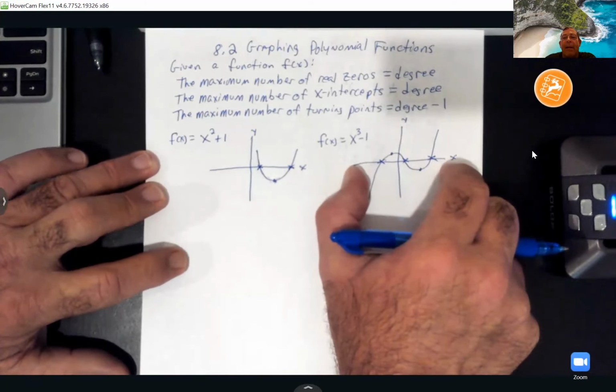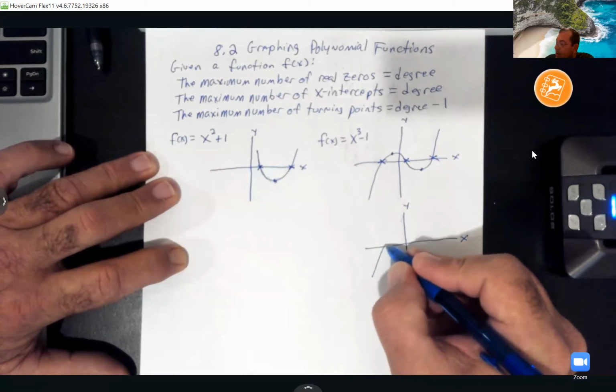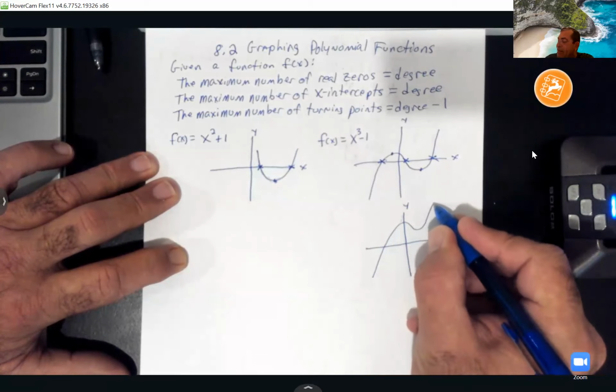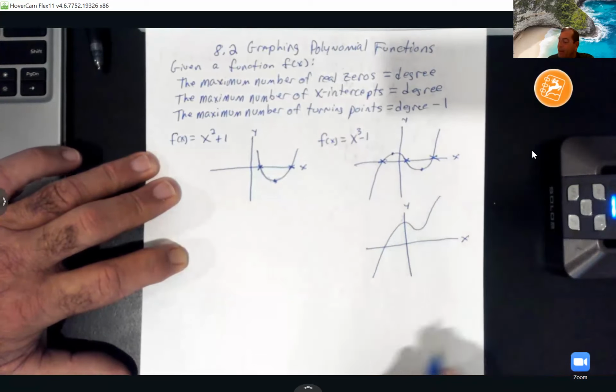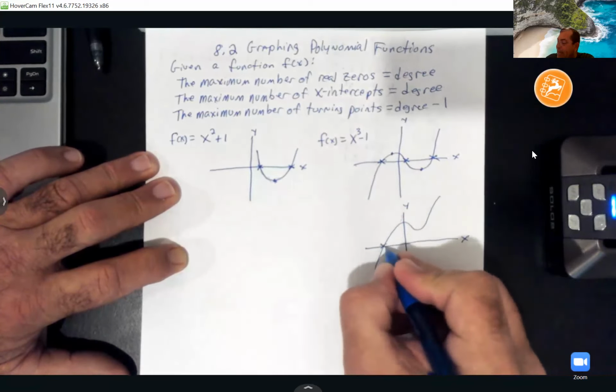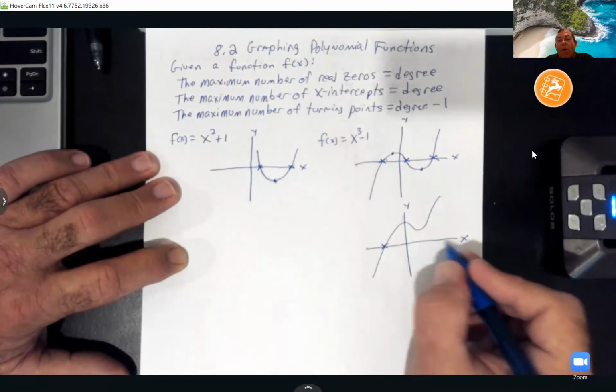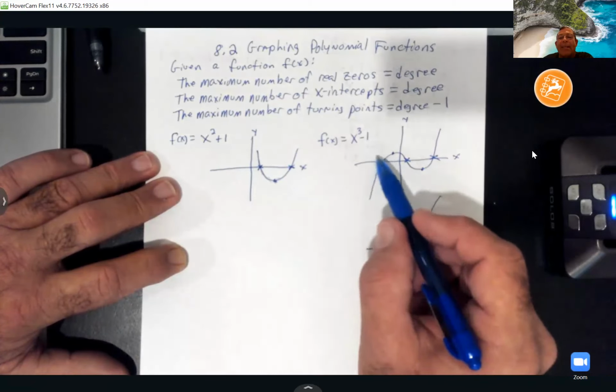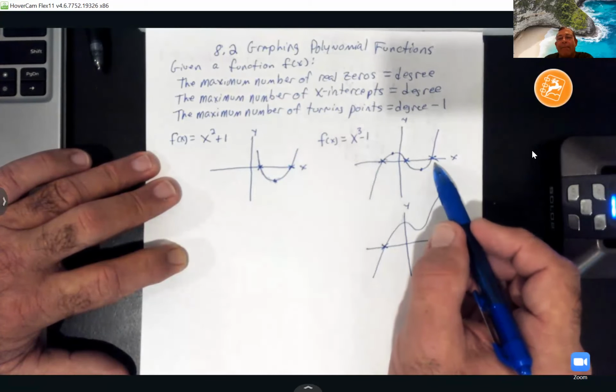Now, why does it say maximum? Because y'all on this graph right here, what if my graph came up, but it turned without crossing the x-axis, then went up? So this will just cross the x-axis once and not all 3 times. But that's just telling me the maximum it can happen, okay?